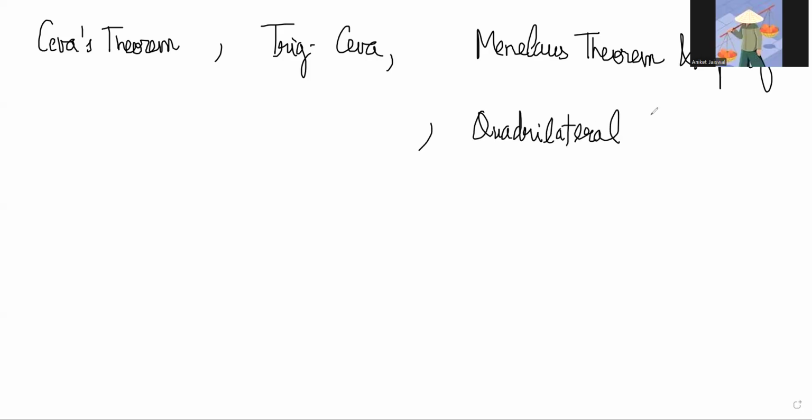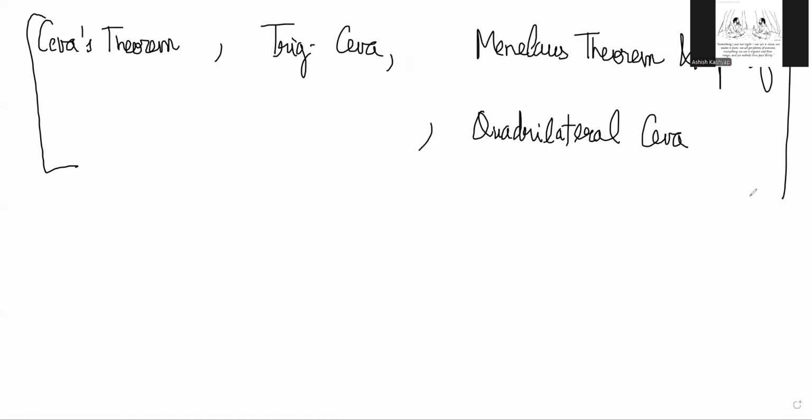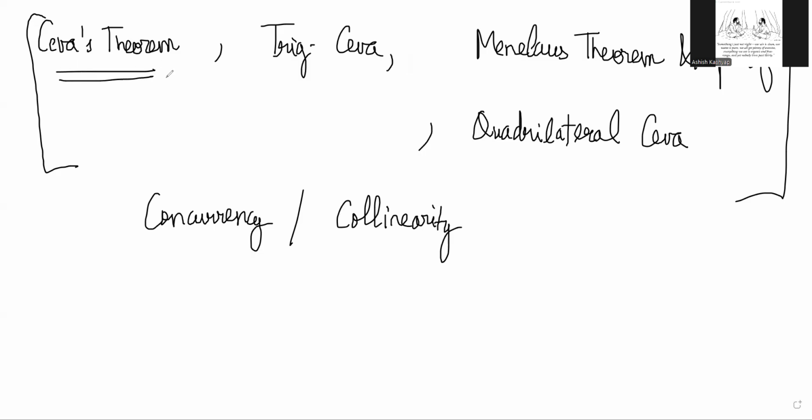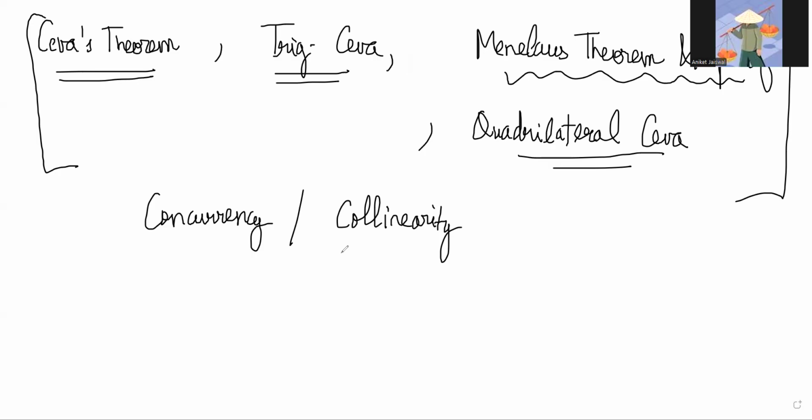Now we are going to start the topic of concurrency and collinearity. That is a very important topic, especially in an Olympiad context. Ceva's theorem talks about concurrency of three lines. Menelaus's theorem talks about collinearity of three points.